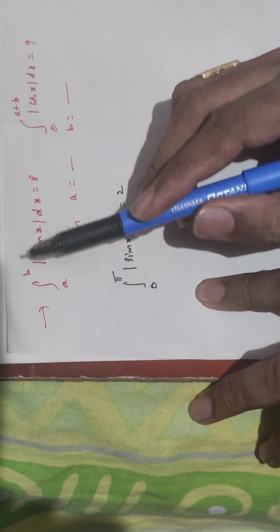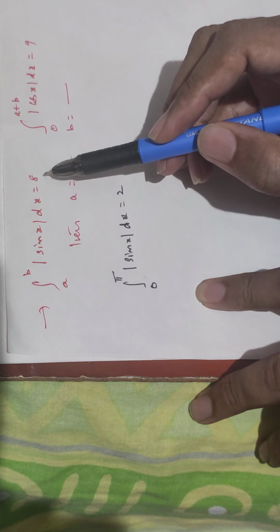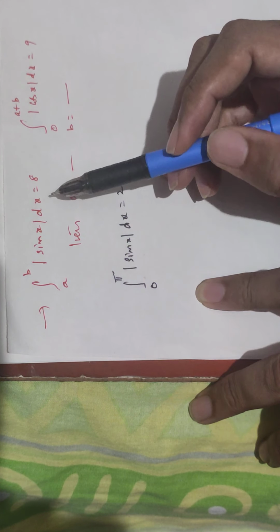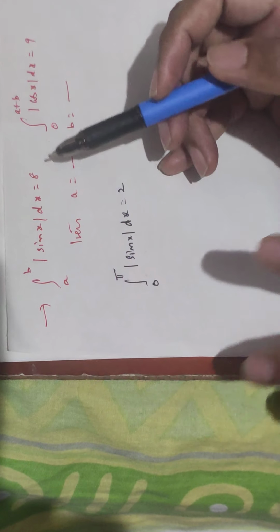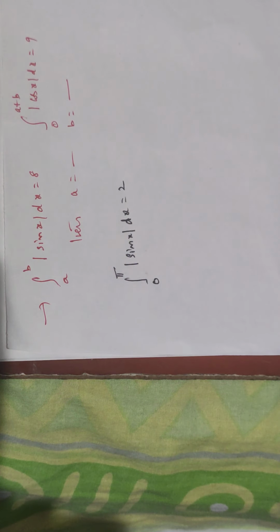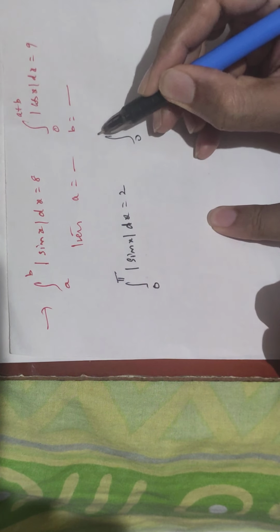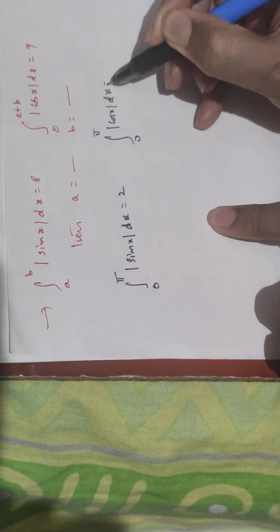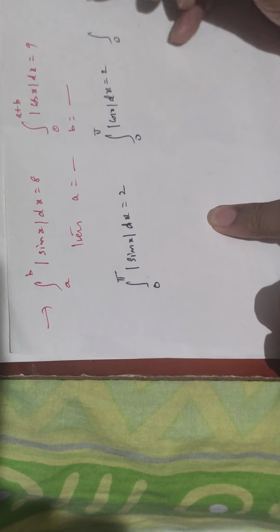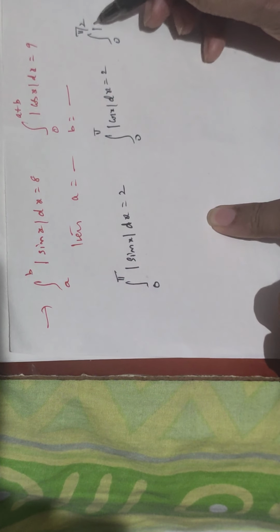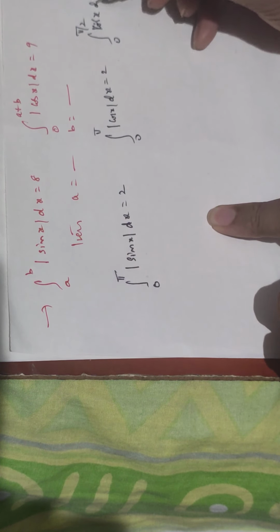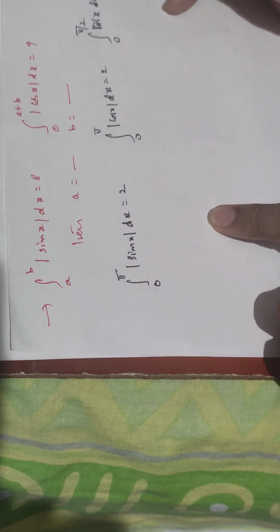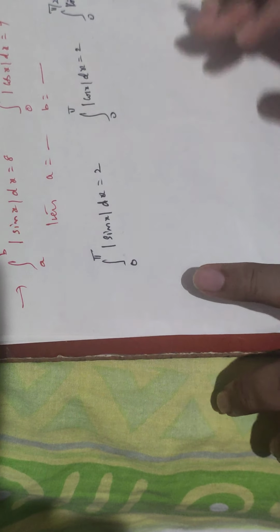But here it is given that this integral value is 8 units. Then what is the idea? Like that, integral 0 to pi cos x dx, this is also 2 units, or integral 0 to pi by 2 cos x dx becomes 1 unit. This value is 1. So these are some values.